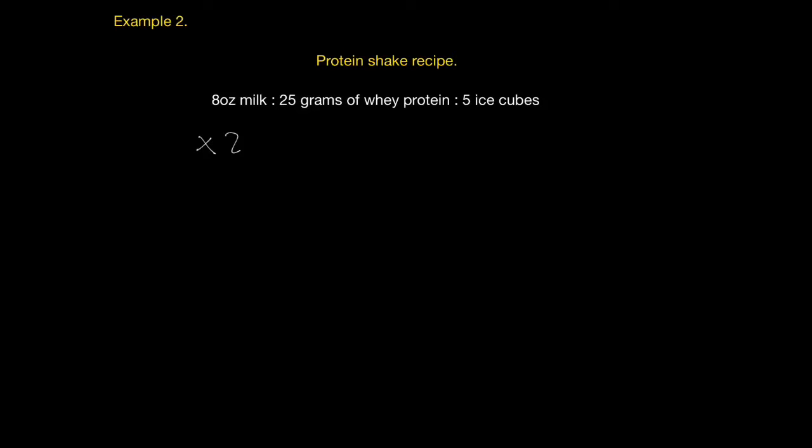So now you would have to use 16 ounces of milk, 50 grams of protein, and you're going to use 10 ice cubes. This ratio now will provide 2 servings, and this one is for 1 serving.